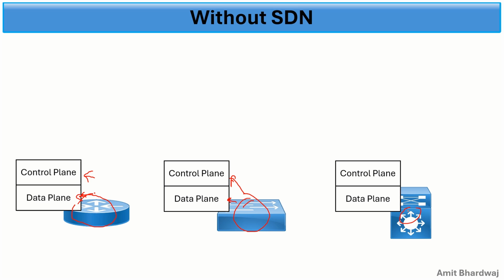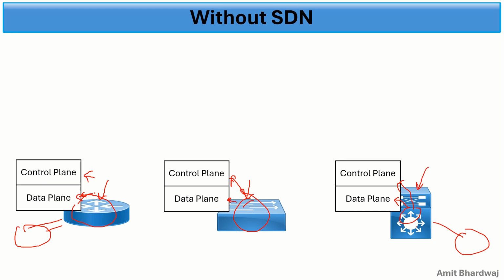Now, we don't have any SDN here, and each entity is using its own control plane. The most important thing is, let us say we need to create one flow from source A to destination B. For this, the configuration has to be done on this router, this switch, and then this switch.